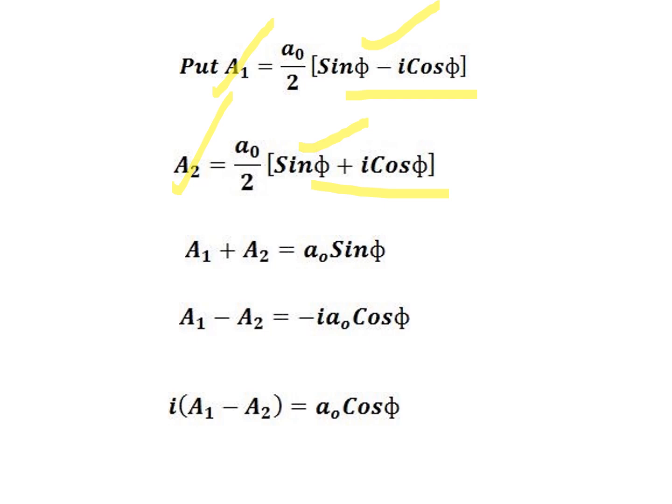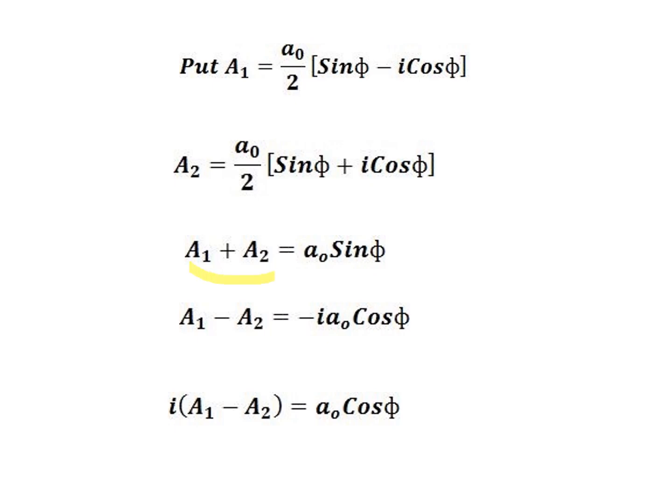a2 is A0 by 2 into sine phi plus i cos phi. So now if you take a1 plus a2, here i cos phi minus i cos phi will cancel out, and A0 by 2 plus A0 by 2 into sine phi becomes A0 sine phi. Similarly, a1 minus a2, you will get minus i A0 cos phi.